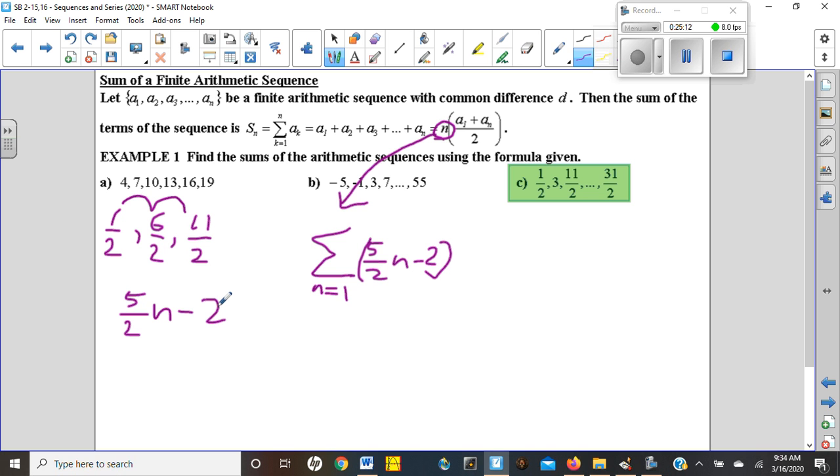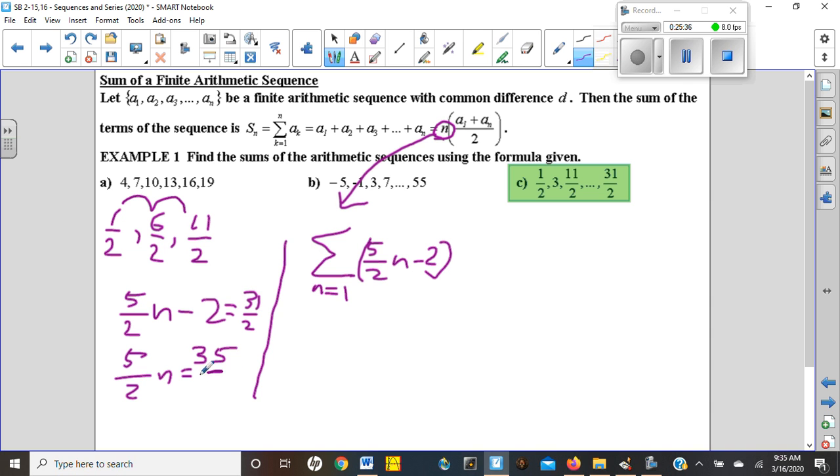So let's go back and set our formula equal to the very last term, which is 31 halves. 31 over 2, right? And then solve it. So 5 halves n. Now I'm going to have to add 2 to each side here. Now remember, 2 is 4 halves, so I'm going to end up with 35 halves.